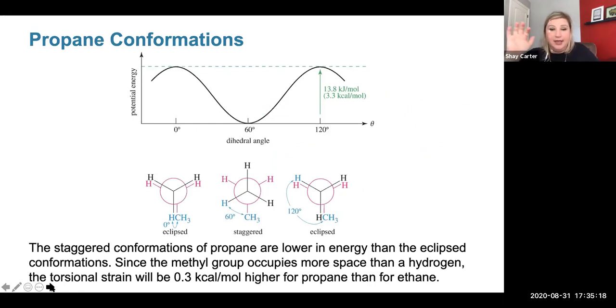Just like with ethane, the staggered conformations of propane are always lower in energy than the eclipsed conformations. Especially since the methyl group occupies more space than a hydrogen, the potential energy is even higher for propane than for ethane.